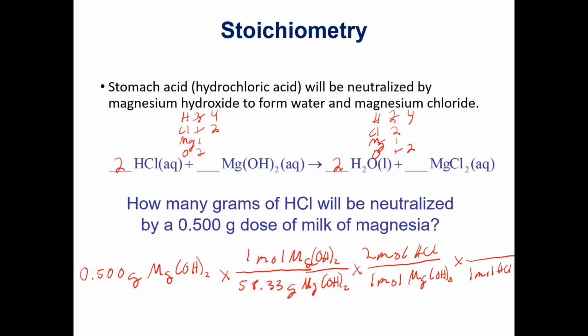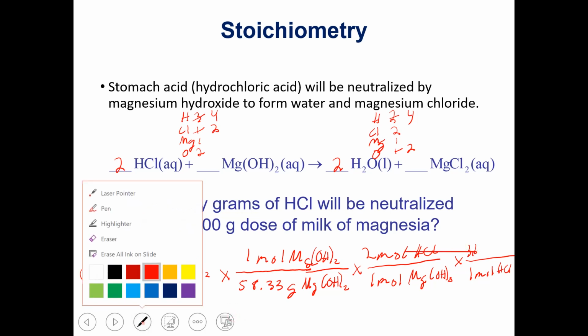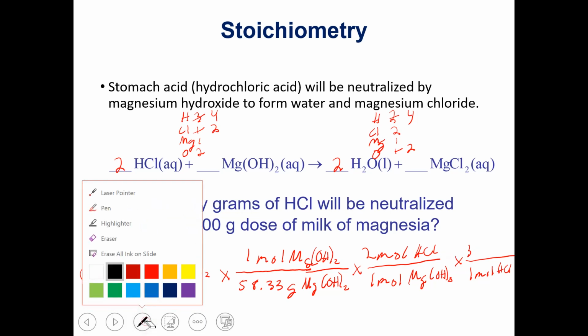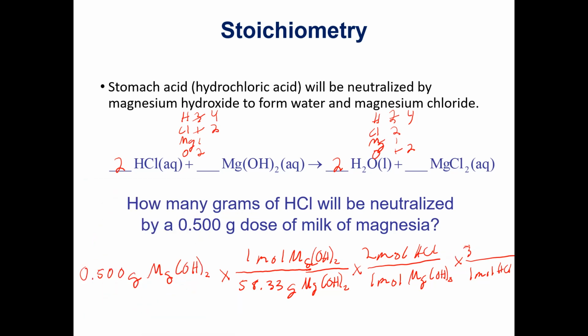And then if we add up the molar mass of hydrogen and the molar mass of chlorine, that comes out to 36.46 grams of hydrochloric acid.